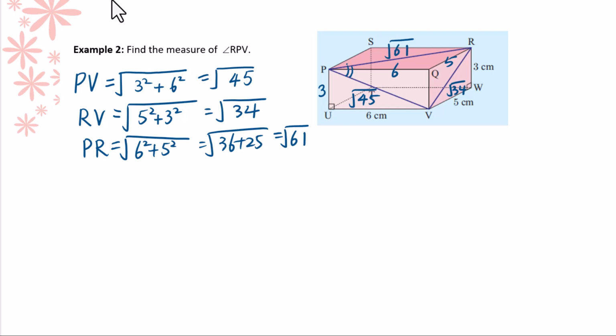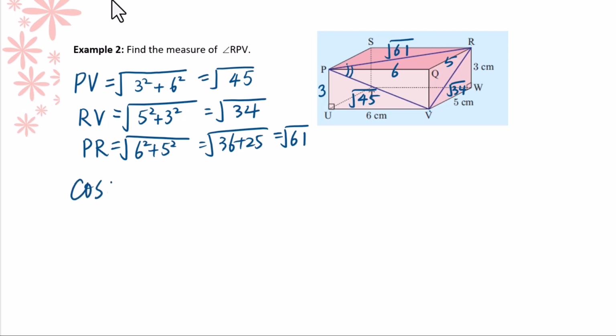Since we are looking for angle RPV, we will use the cosine rule because RPV is the included angle.